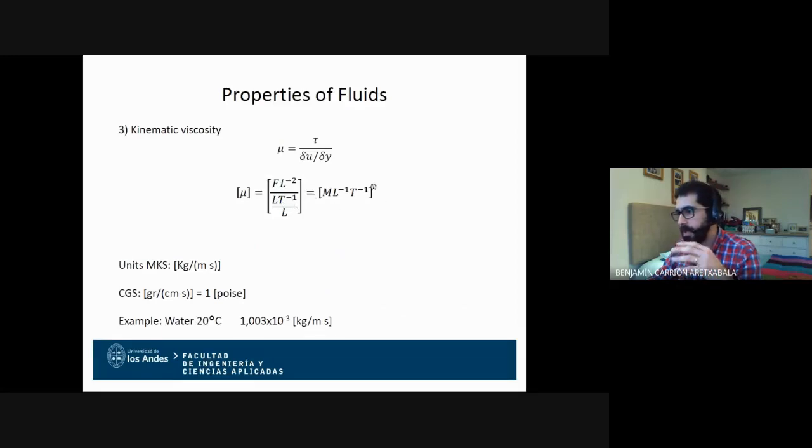So you can arrange it like that, or as Pascal times second, or in mass terms as kilograms per meter per second.